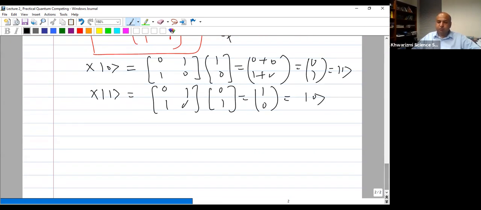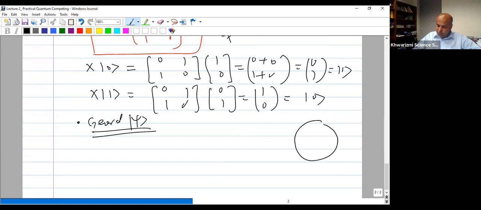So what happens to a superposition state, for example, a general psi? Before that, let me quickly show you what happens on the Bloch sphere, because it's helpful to picture.